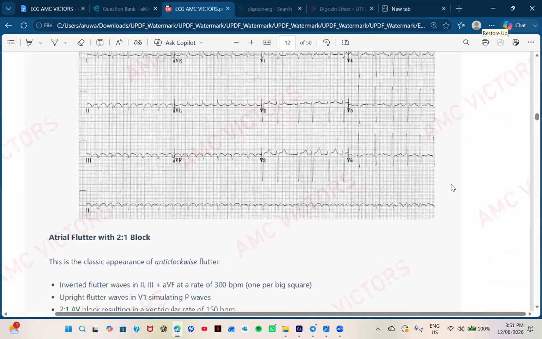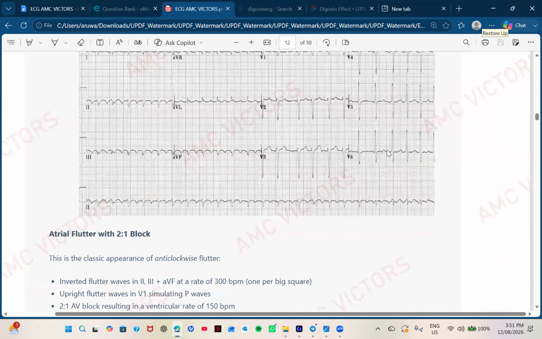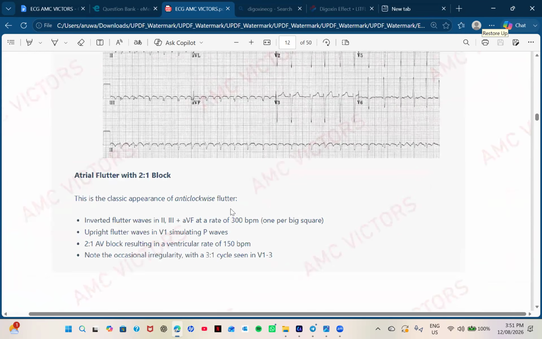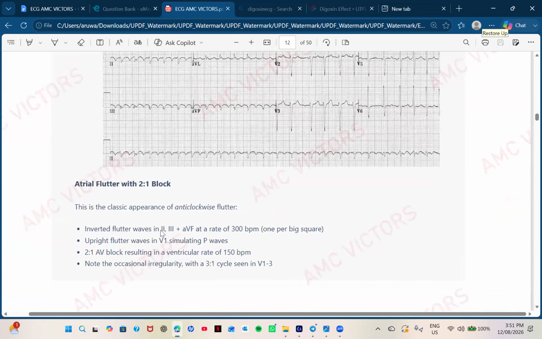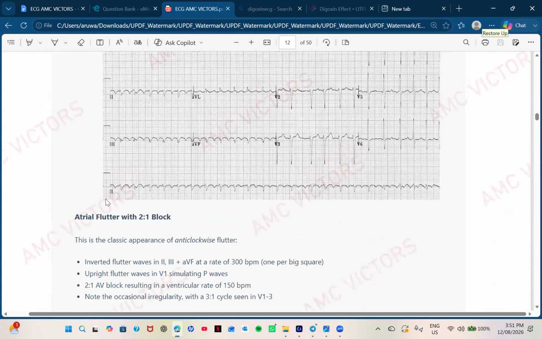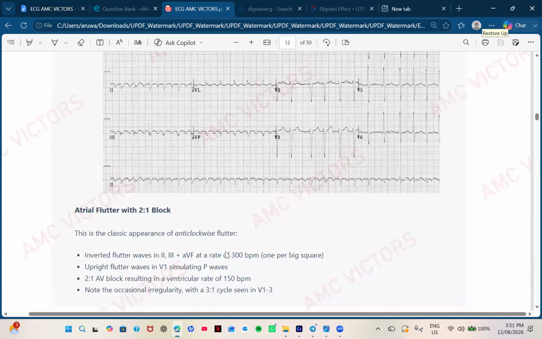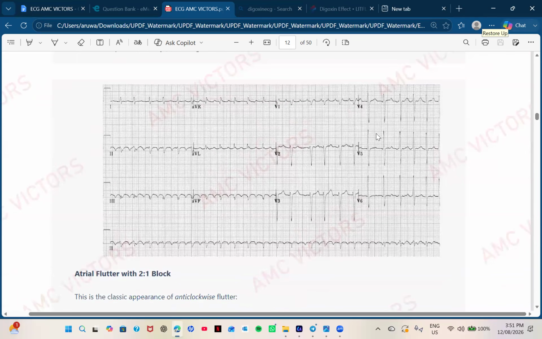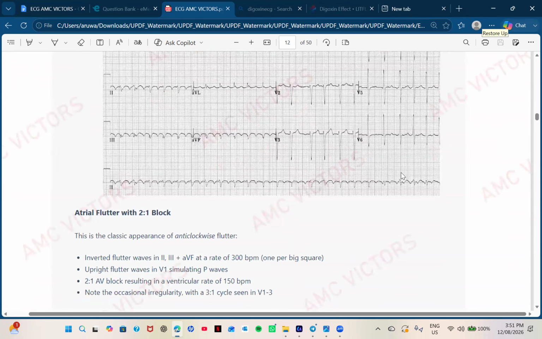Here, inverted flutter waves in 2 and 3. These are inverted flutter waves at a rate of 300. Upright flutter waves in V1. Yes, in V1 you can see upright flutter waves.